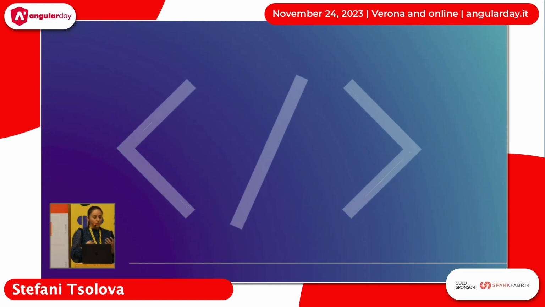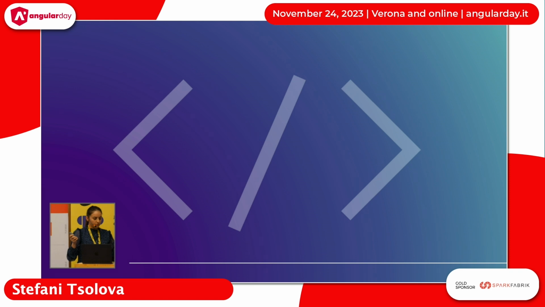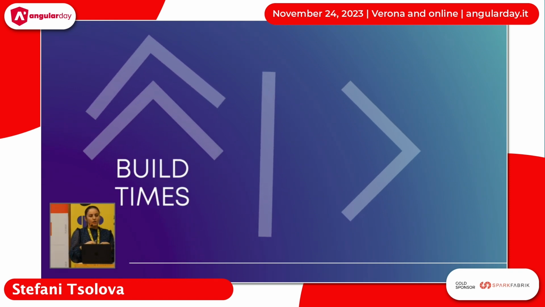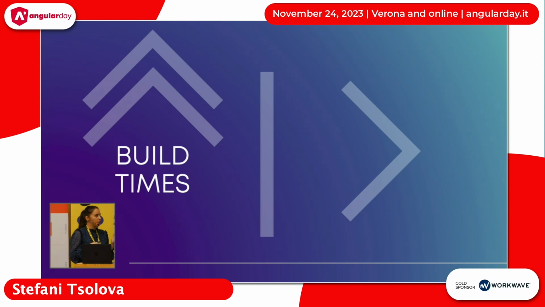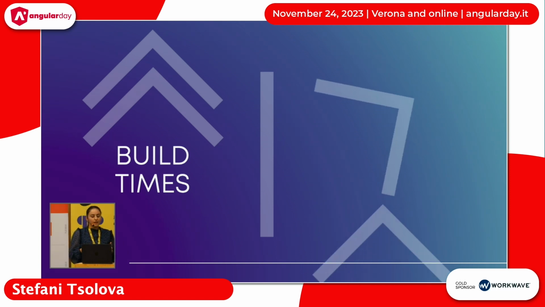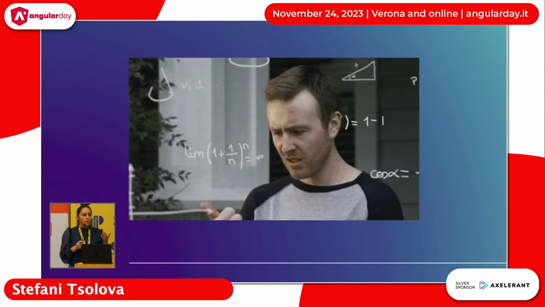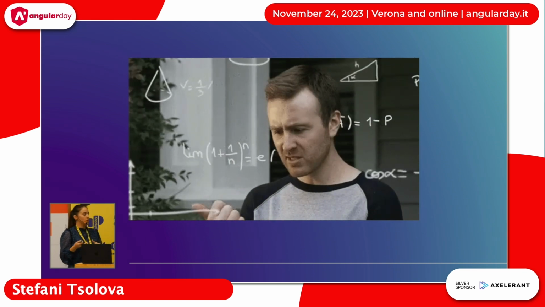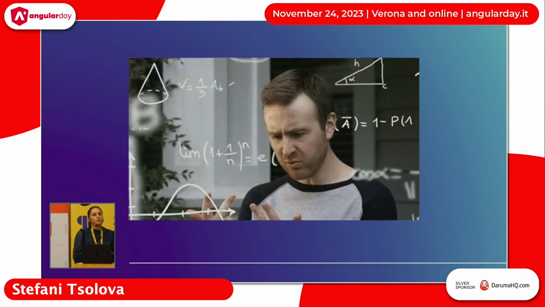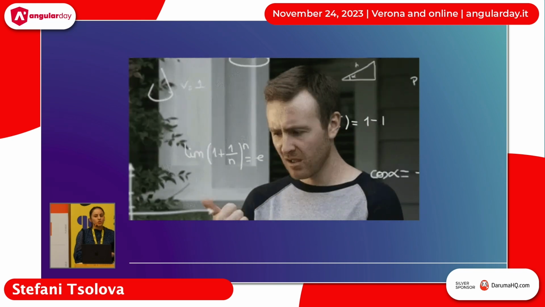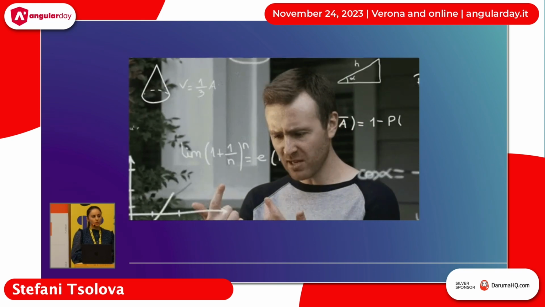As the code base grew and all of those projects came together in one place, the build times started increasing significantly for us, and the testing duration, the time it took for end-to-end, visual and unit tests to run, was also huge. So to deal with that, the monorepository needs to figure out, okay, let me see what was changed, and do I need to run all of the tests?